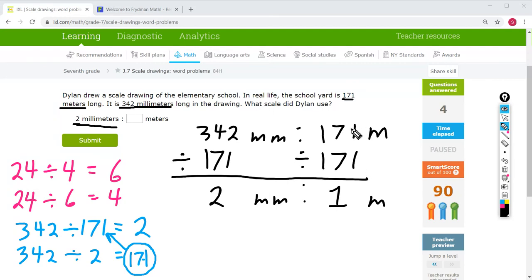That was just a coincidence. I'm dividing by 171 over here because that is the number that I needed to divide 342 by in order to get 2, which is the number that I wanted because IXL told me to. So this number turns out to be 1.